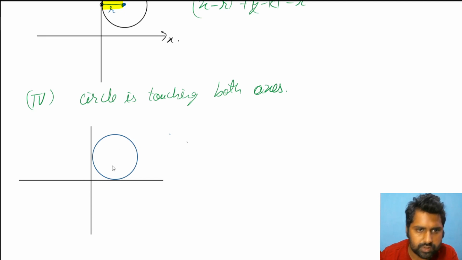Now the radius was r, na? This is also r, this is also r.